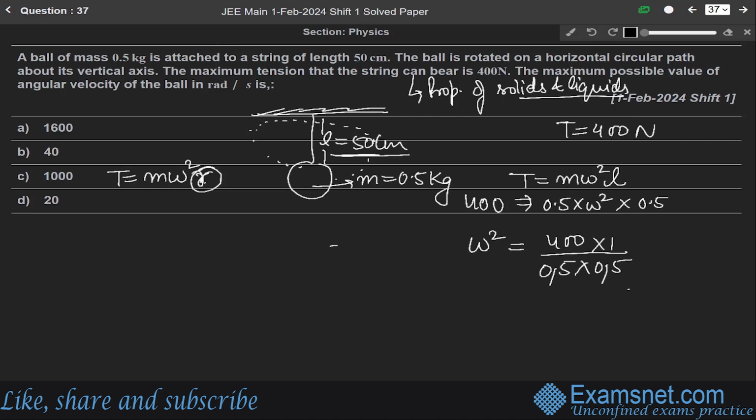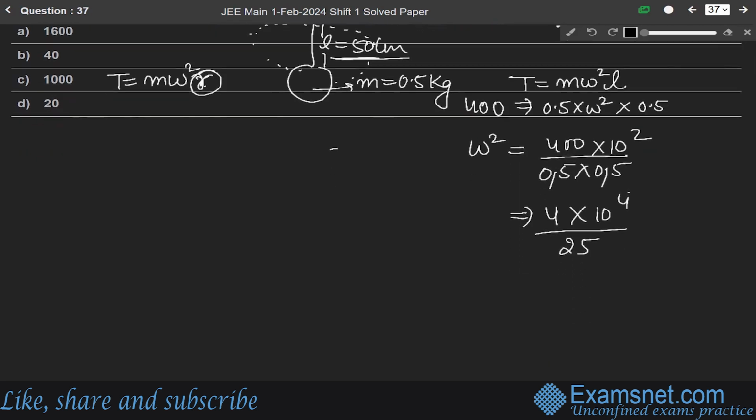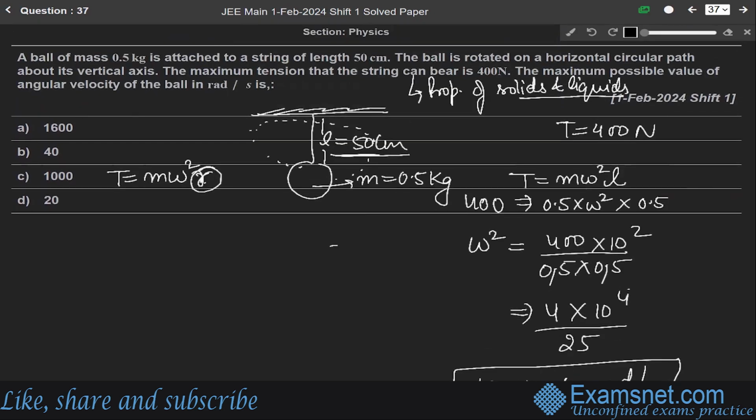So it will be equals to 4 into 10 to the power 4 over 5 into 5, 25. Now solving it, we get omega equals to 40 radian per second. So the correct option is option B.